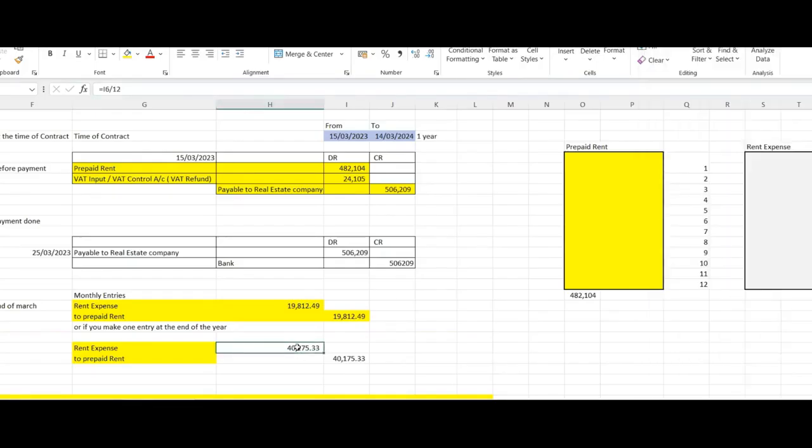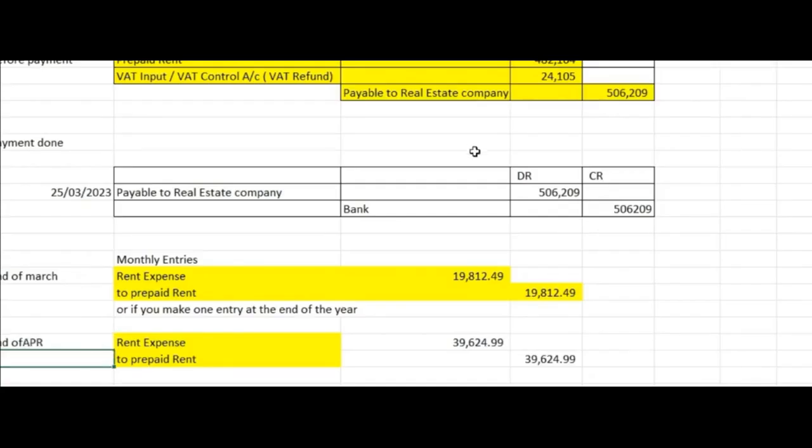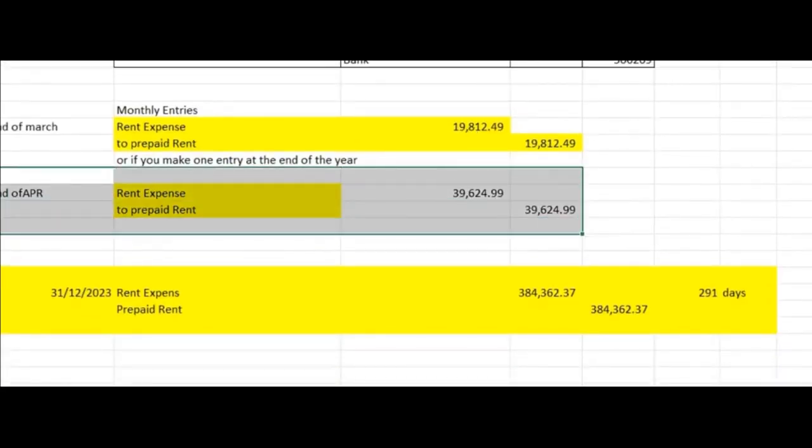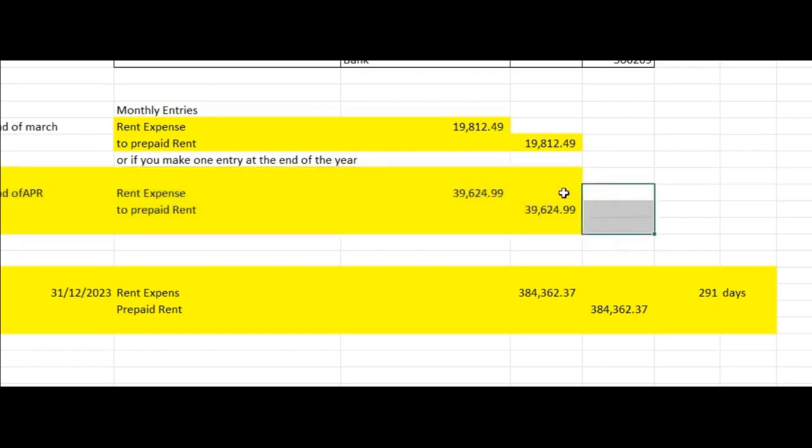For the month of April, you will charge rent for 30 days: total rent divided by 365 into 30. Because in the month of April you consumed the rent for 30 days.